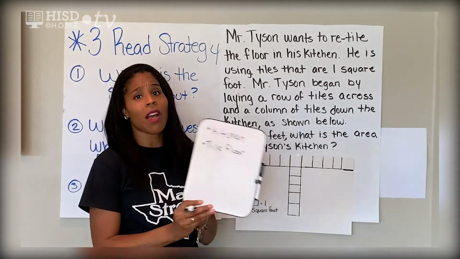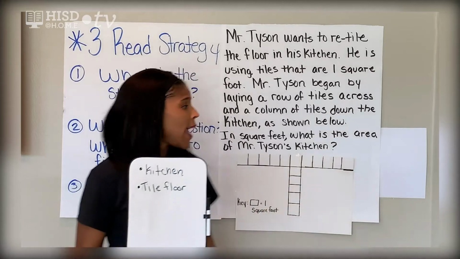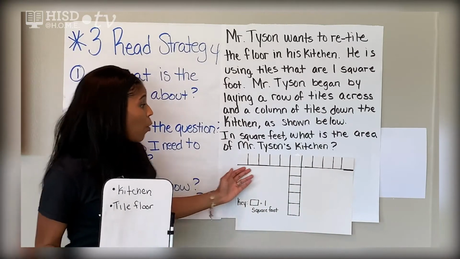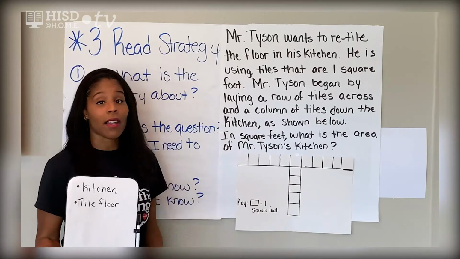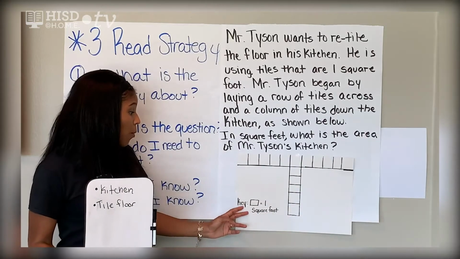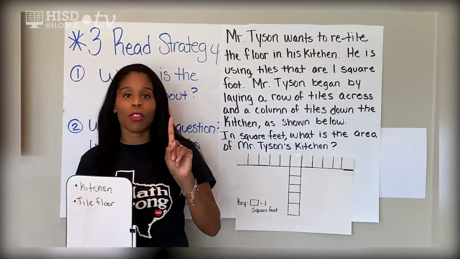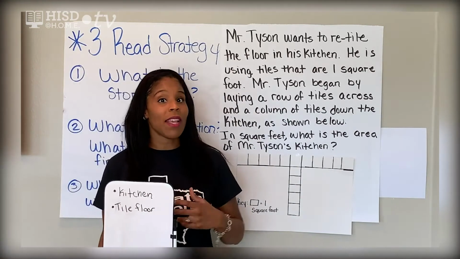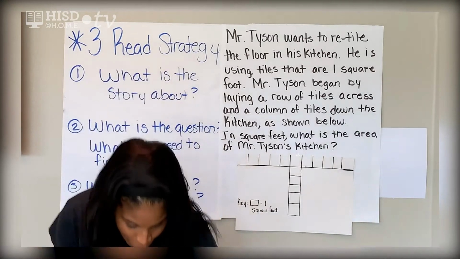So we know we're talking about a kitchen, and we know we're talking about some tile floor, and we know that we have 1 row already laid down, and we also have a column here. We also know that we were given a key. We know each square is equal to that 1 square foot. So we know some things. We know what this story is about. Let's continue.